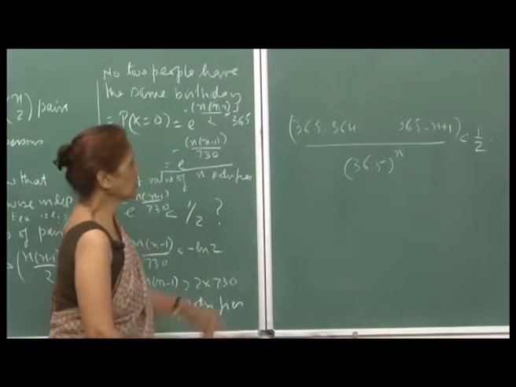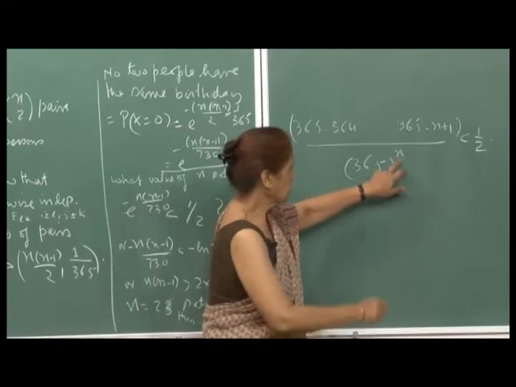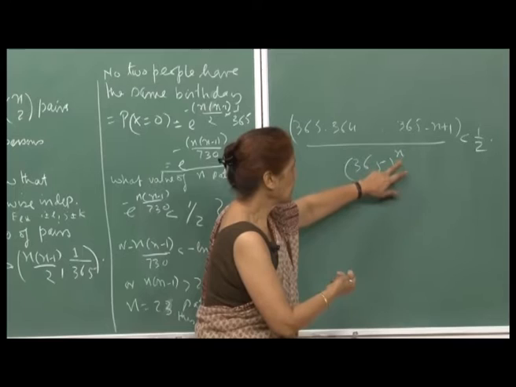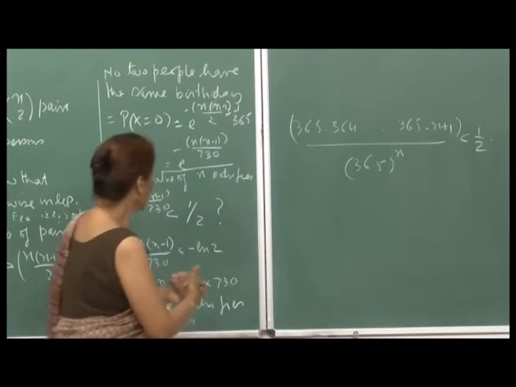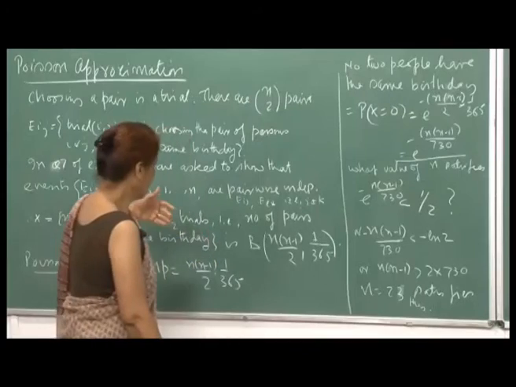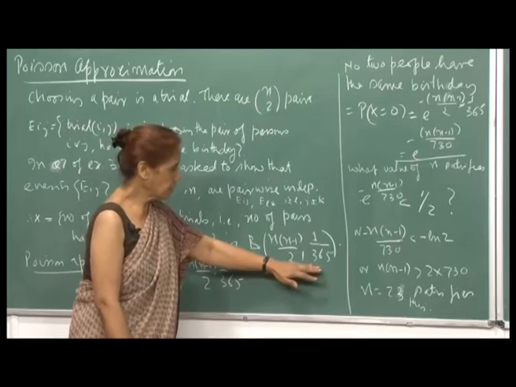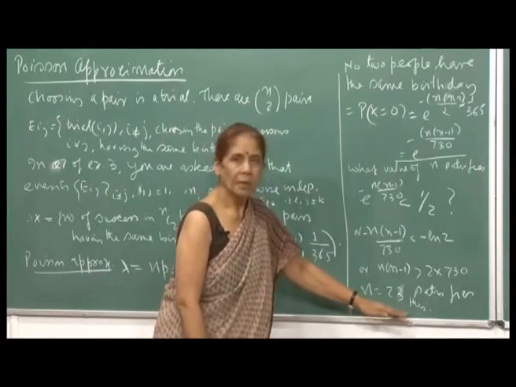I wanted to compute n, and you could see that this would require trial and error of a lot of values of n before you get the answer. I showed you that the answer would be 23, but now if you model the situation through the Poisson approximation of a binomial, then you get the answer in a much simpler way.